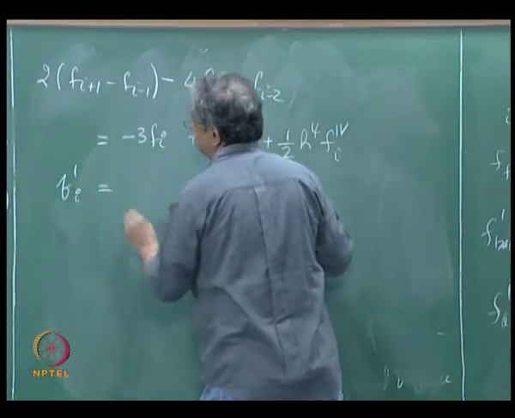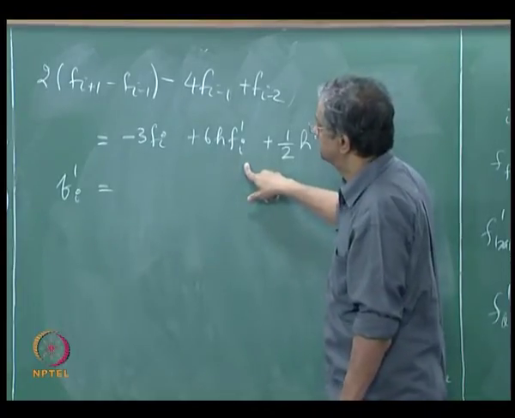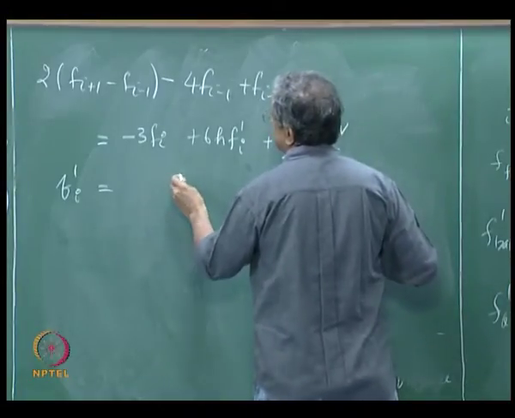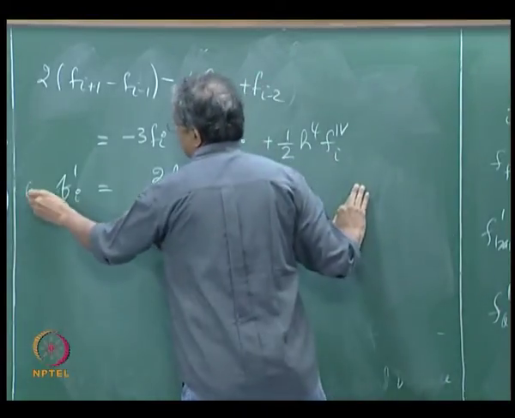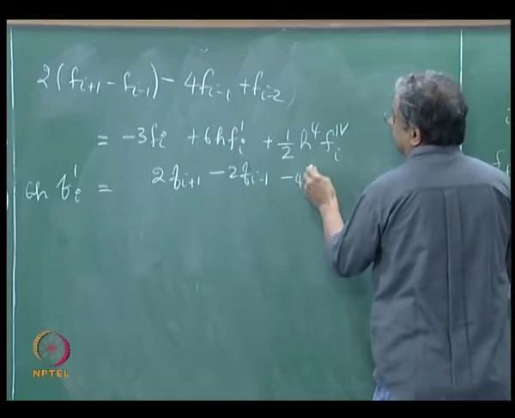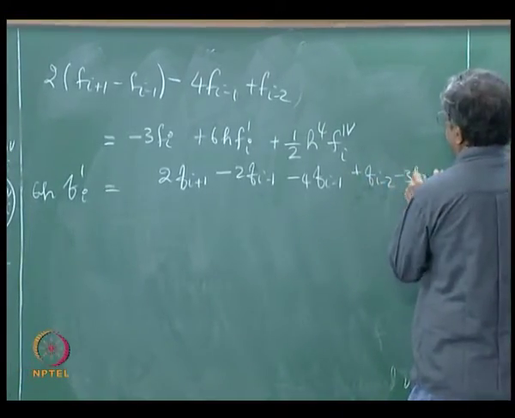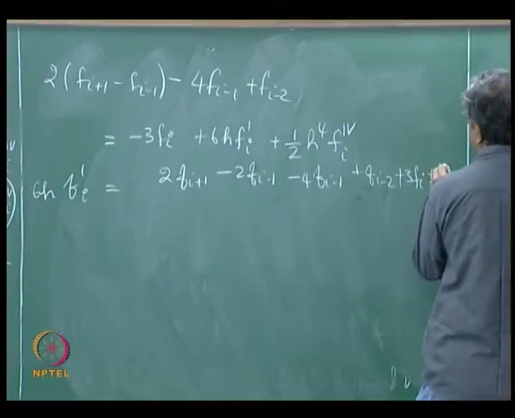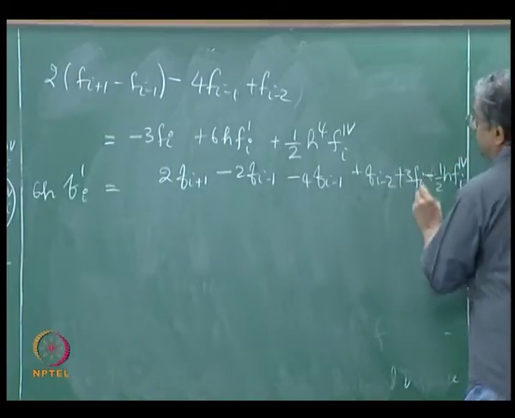So f prime at i equals 2 f(i+1) minus 2 f(i-1), let me leave the 6h here, I do not skip any steps, minus 4 f(i-1) plus f(i-2) minus 3 f(i) plus 3 f(i), plus 1 half h fourth derivative at i. Clearly I am going to make a lot of sign errors today, okay.